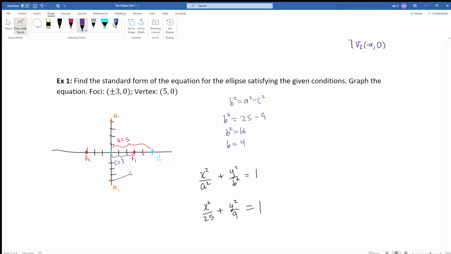So we'll just make our little elliptical shape here. Oh, I need one more vertex here, which of course is going to be at -5. Well, it's not a perfect picture, but I think it gets the idea across.